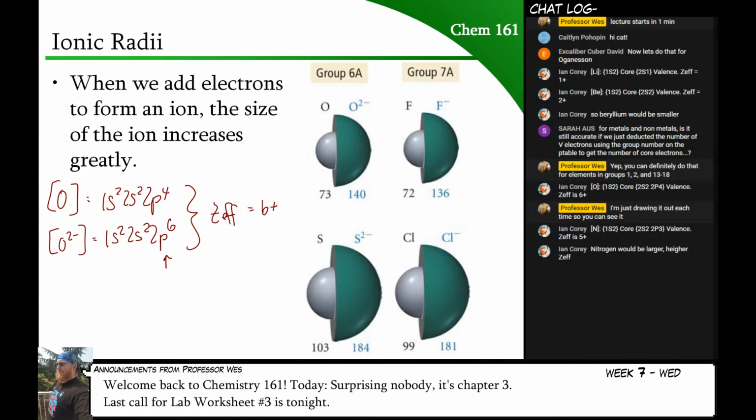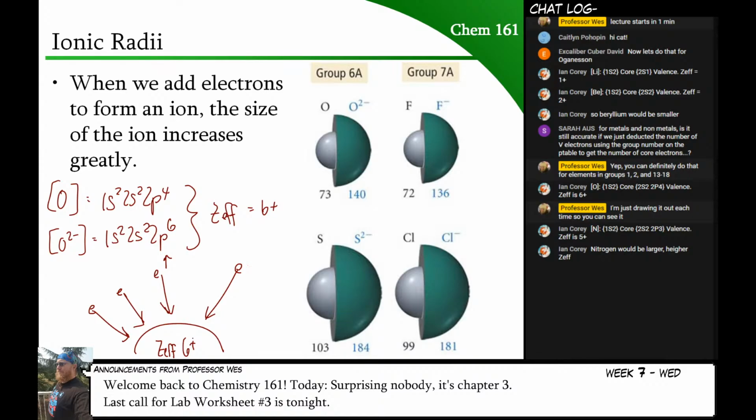Well, no, they shouldn't have the same size. What ends up happening is if I have this force in the nucleus pulling my electrons in, they will be some distance.